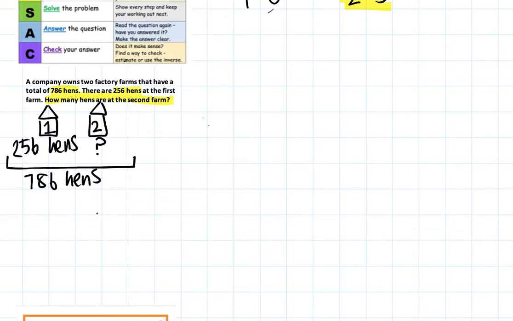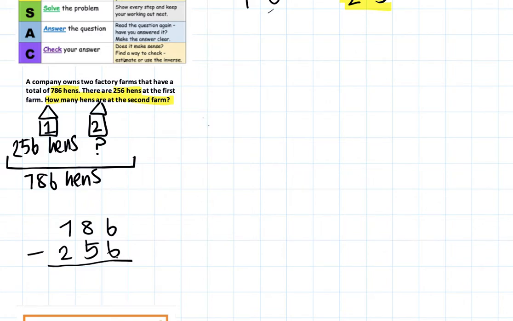Alright, we're going to try to solve the problem together. So, 786 minus 256. So once again, I'm going to use the vertical subtraction strategy. So starting from the bigger number, 786 minus, what is it? 256.